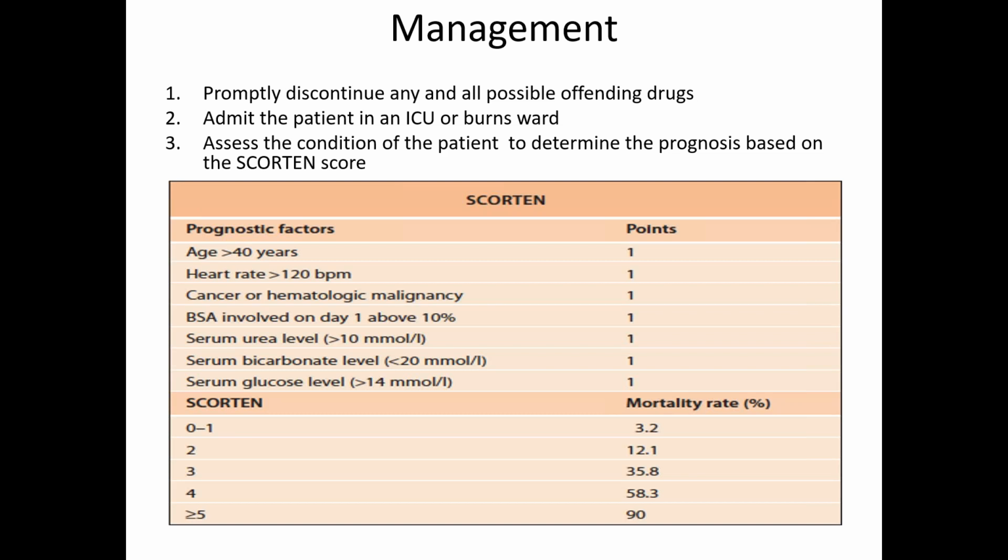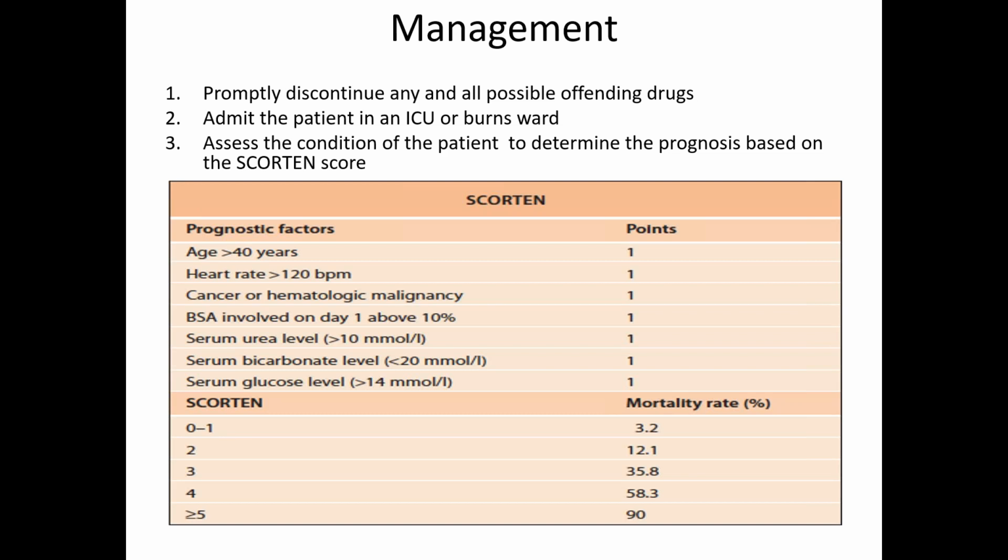Heart rate more than 120 is 1. Everything is given 1. Body surface area involved on day 1 above 10% is 1. Serum urea level more than 10 is 1. Serum bicarbonate less than 20 is 1. And serum glucose level more than 14 millimoles per liter is 1 again.